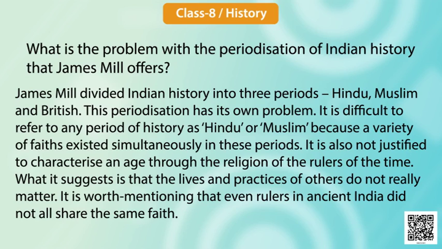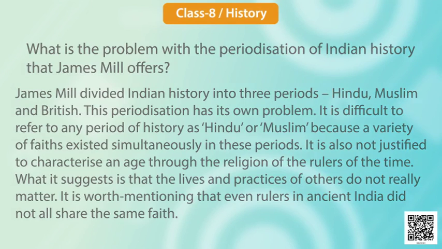It is also not justified to characterize an age through the religion of the rulers of the time. What it suggests is that the lives and practices of others do not really matter. It is worth mentioning that even rulers in ancient India did not all share the same faith. Custard apple is related to botanical gardens.